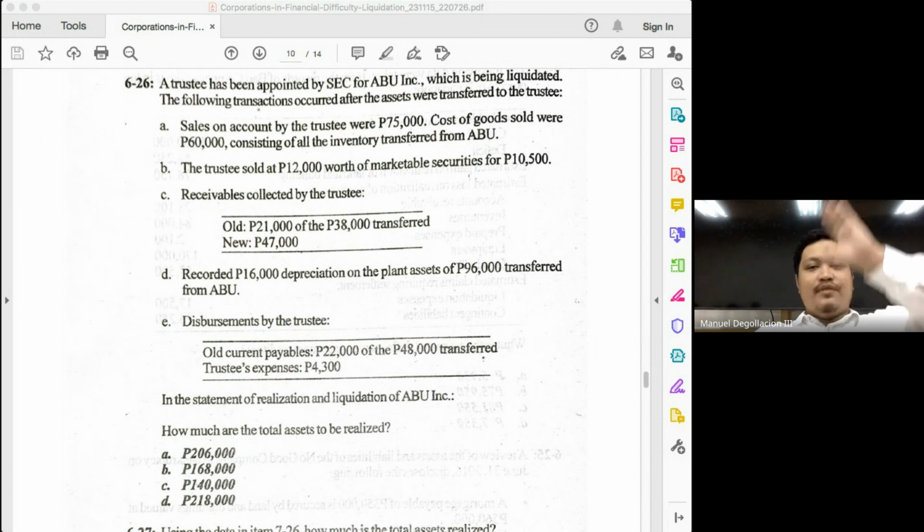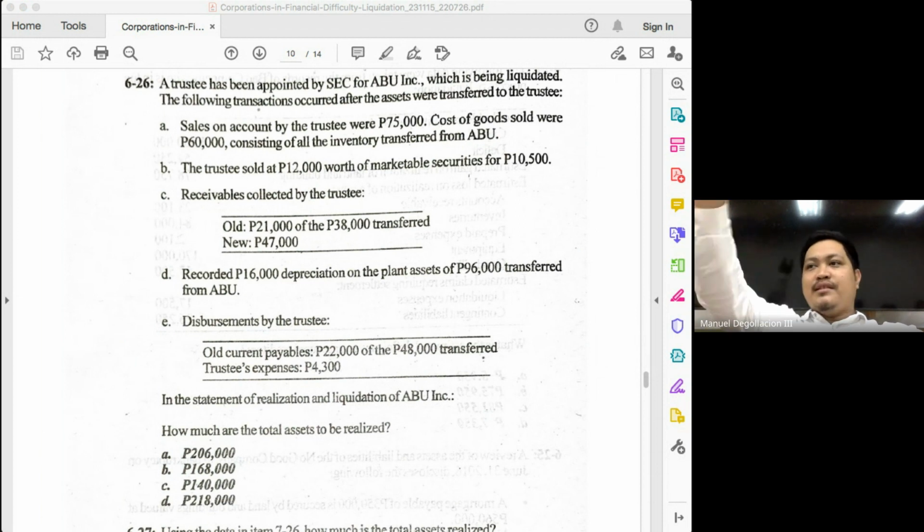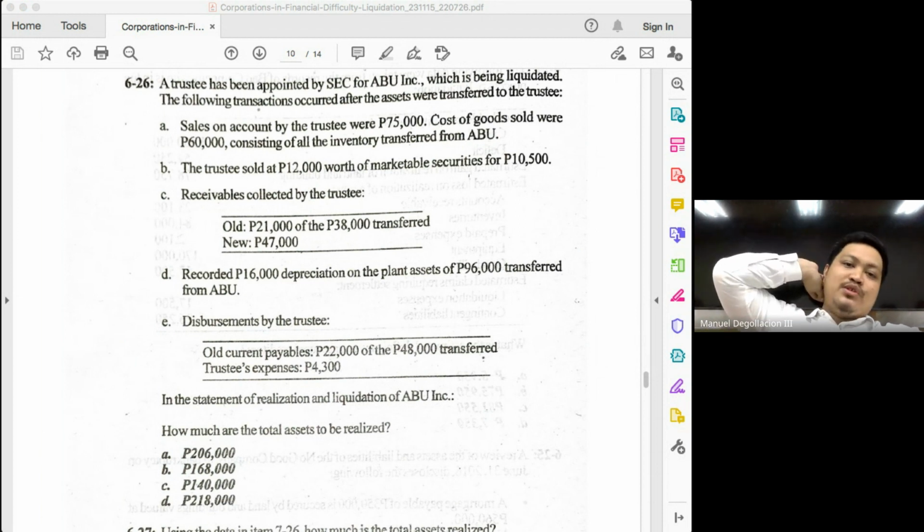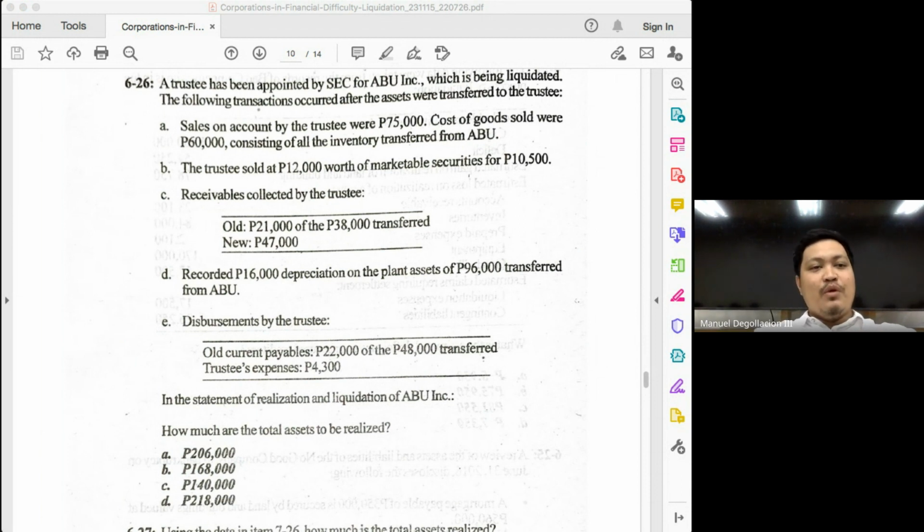So at the start of the liquidation process, we had inventories in the amount of 60,000. So we will include that 60,000 as part of our assets to be realized. But during the liquidation process, these inventories were sold for 75,000. But since the question is asking for assets still to be realized, we will be using the 60,000.